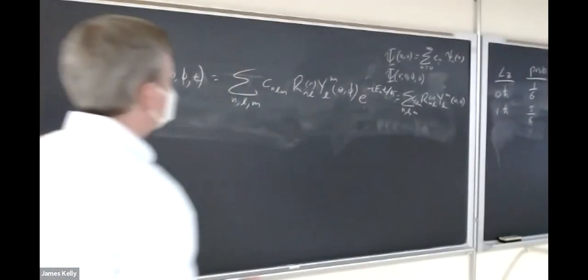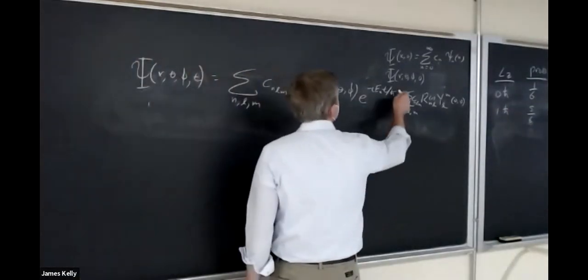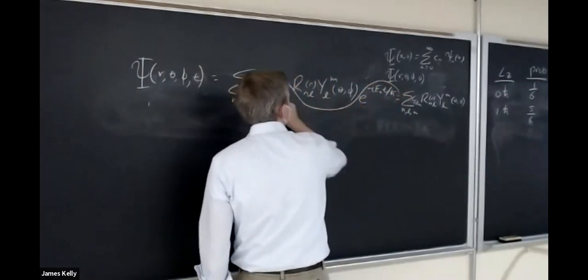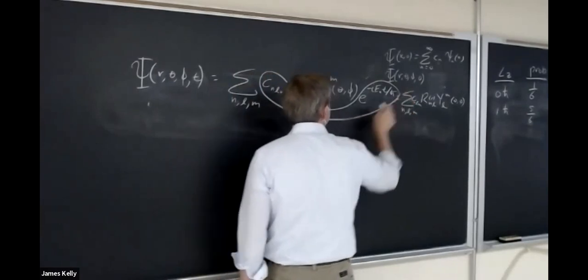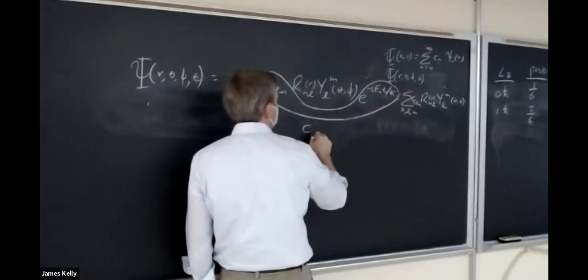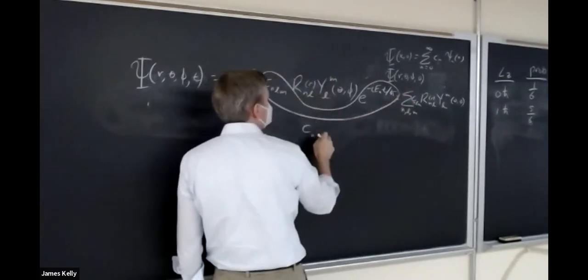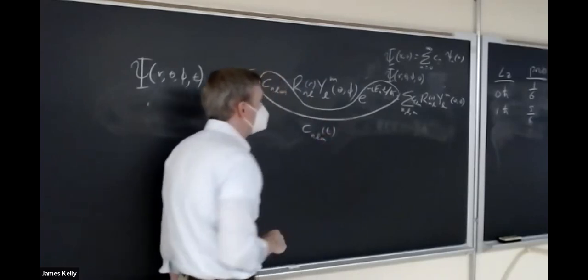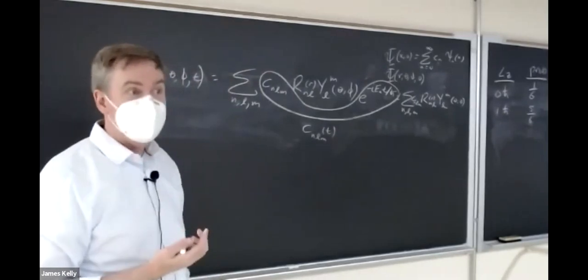So this state does depend on time. Sometimes we might say, well, this is what it was at time t equals 0. This is C_nlm as a function of time. Those coefficients have some time dependence, right?